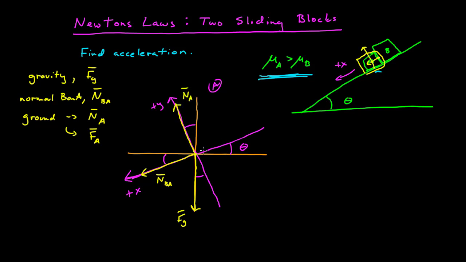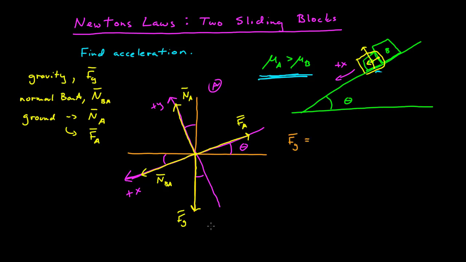And then the frictional force is parallel to the surface. I know it's pointing in the negative x direction because the whole system is moving in the positive x. The frictional force is opposing the motion of the object relative to the agent. The object is moving in the plus x relative to the agent, so the force due to friction is in the negative x direction.